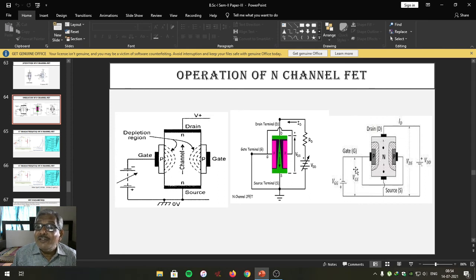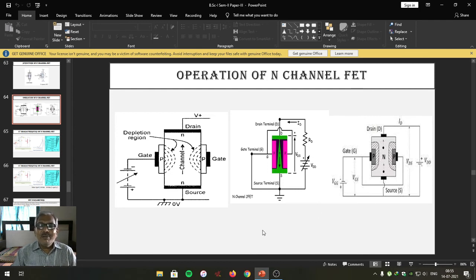When VGS reaches the pinch off voltage, drain current becomes equal to 0. Friends, this is how the N channel FET works. This is how the N channel FET is biased to get the device to work, and this is what we can call the operation of N channel FET.